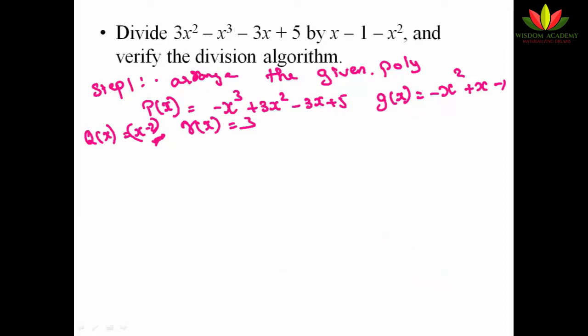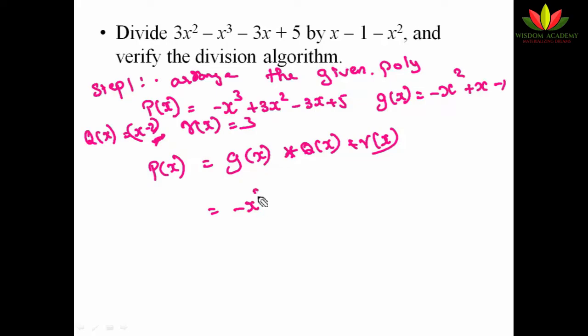So what my division algorithm says, my p of x is equal to g of x into q of x plus r of x. So what is my g of x here? My g of x is minus x square plus x minus 1. It is my g of x, and my q of x is x minus 2 and my r of x is 3.